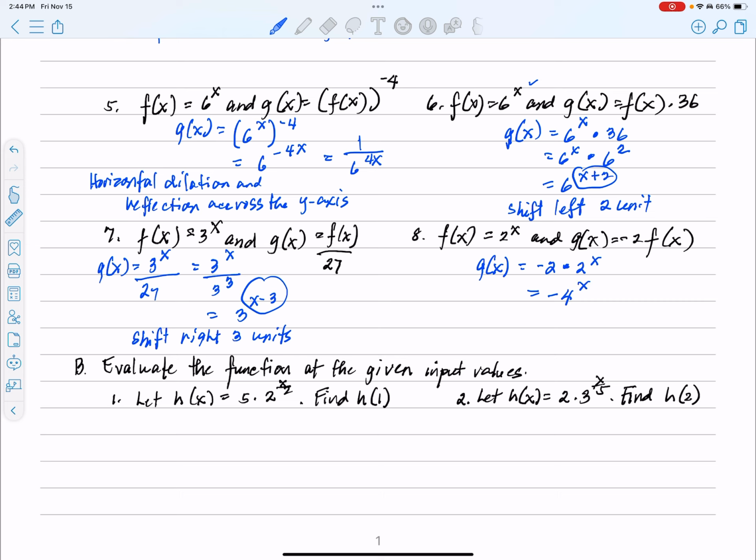There is a reflection across the x-axis and a vertical dilation by a factor of, what is our factor here? 2. Factor of 2.